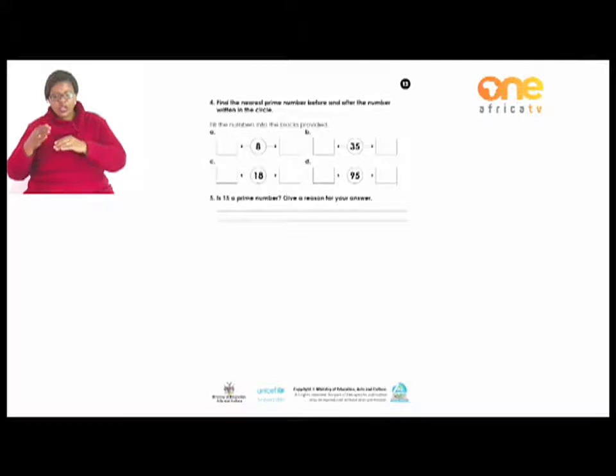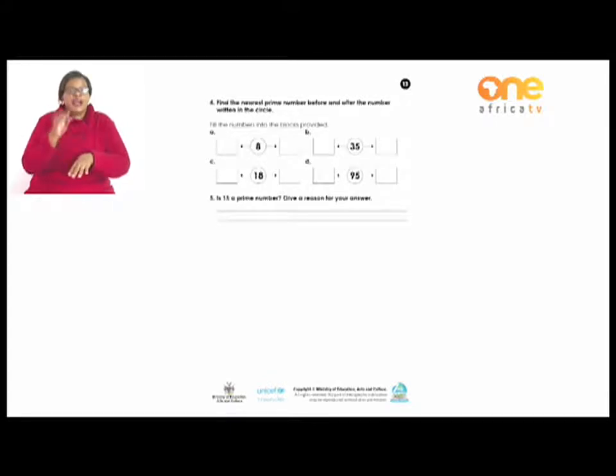We are looking for prime numbers. So just be vigilant on that one. So now that I've given you an idea on how to do A, I'm sure you'll be able to do the rest. So for B, you do for 35, C you do for 18, and then D you do for 95.